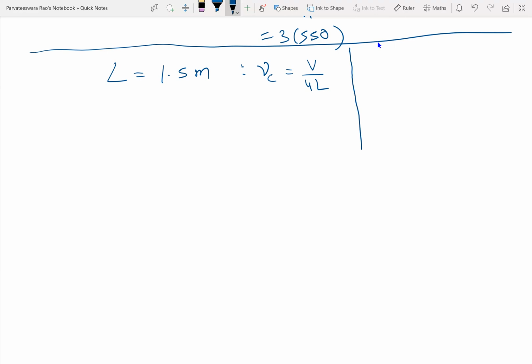Another pipe open at both the ends is filled with air, and it also resonates in its fundamental mode using the same tuning fork.